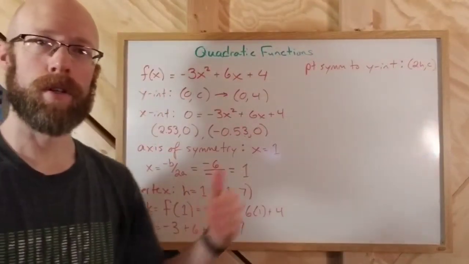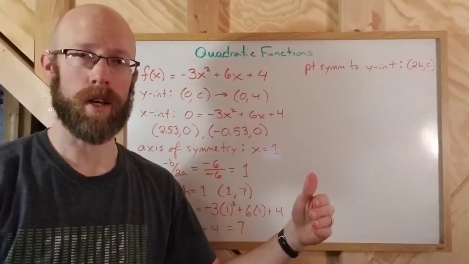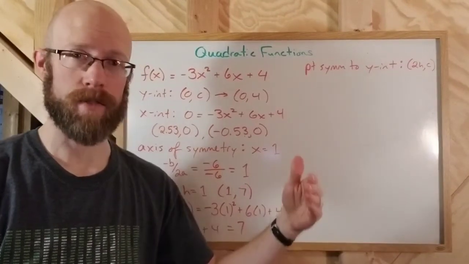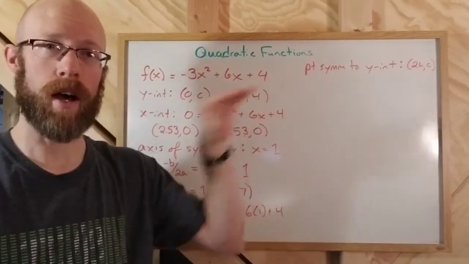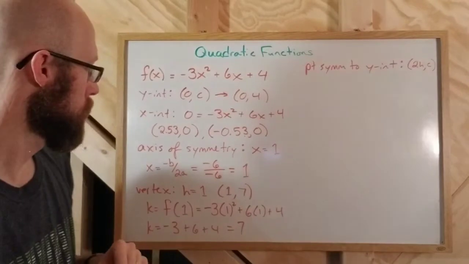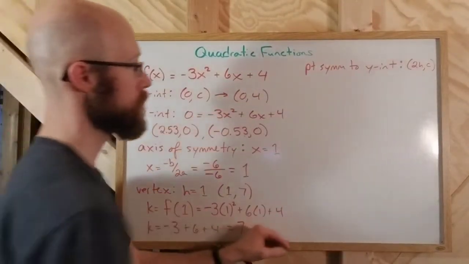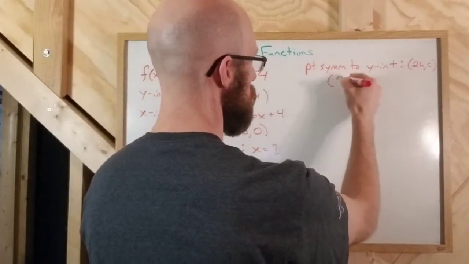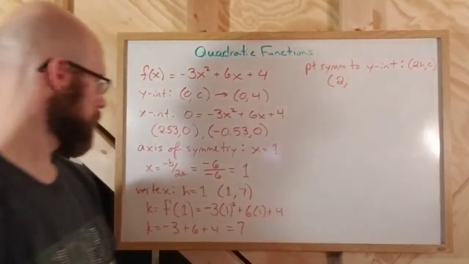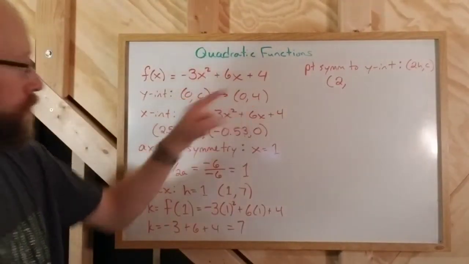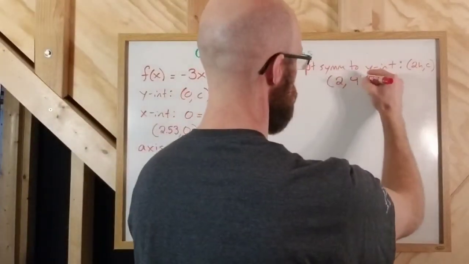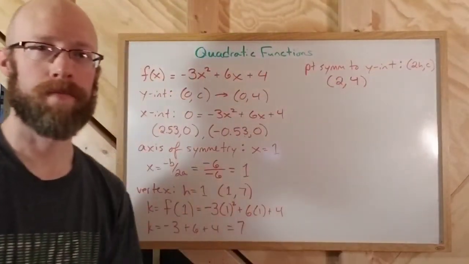Remember, it's double the value over to the axis of symmetry, and then it has the height of the Y-intercept. And so when I look at the 2h, h is 1, so that means 2h is 2. And the c value, we found that earlier, is 4. So 2 comma 4 is going to be that point.